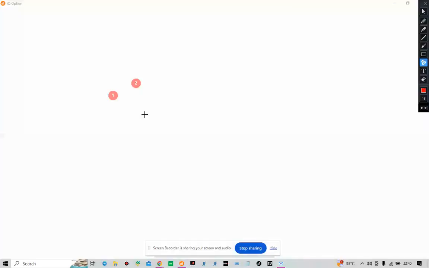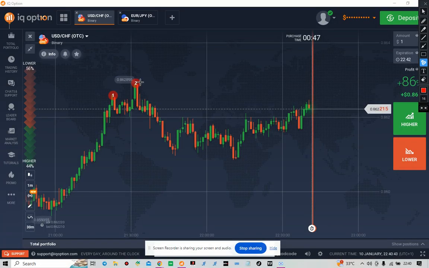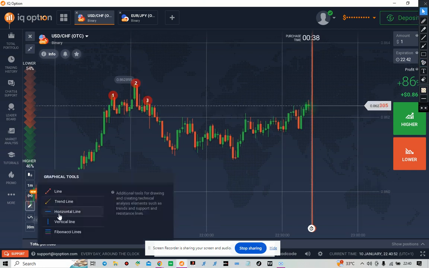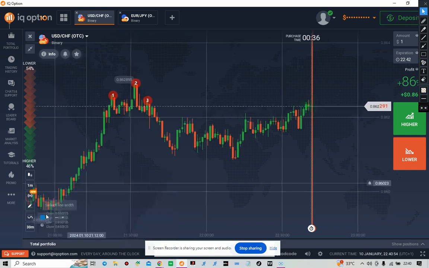Then this also, when the price was going down, you try to create another small resistance here. Okay, so what I'm going to do, I'm going to draw a horizontal line, change the color.